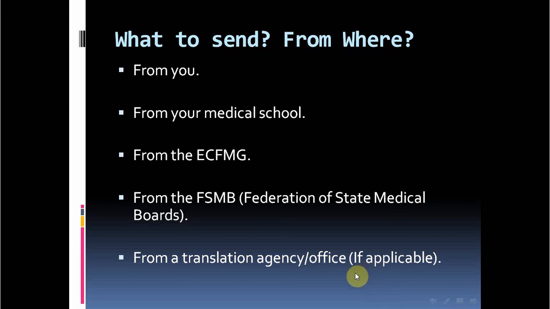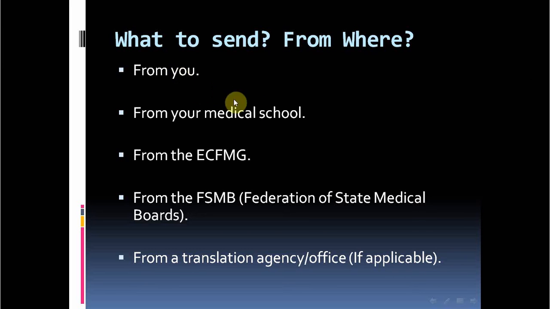You need to translate them and have them sent from a translation agency or office directly to the medical board. You don't take them from the translation agency and send them yourself. No. You need to have them sent to the Medical Board of California from that translation office.